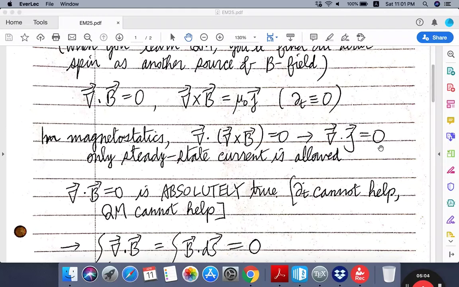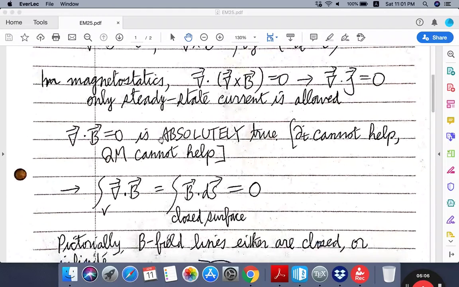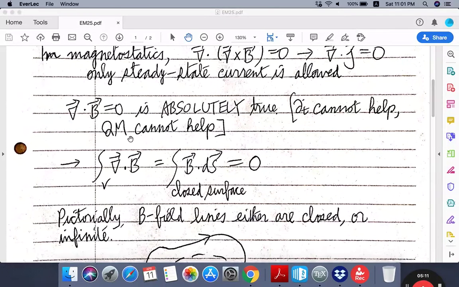So this is a rather powerful condition on the behavior of the magnetic field. And even when you go to the quantum mechanical formulation, this relation still does not change. So this is probably one of the most powerful constraints that exist in the laws of the universe: that the divergence of the magnetic field is strictly zero in all space at all times.